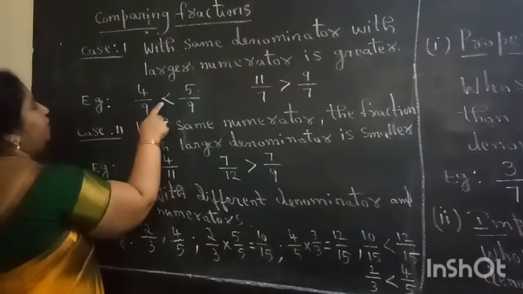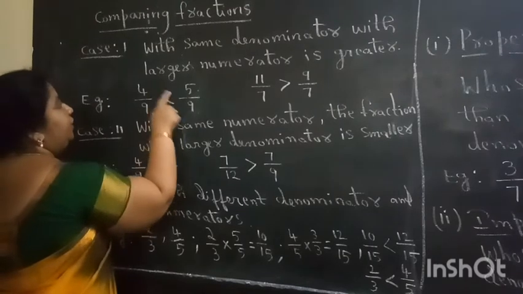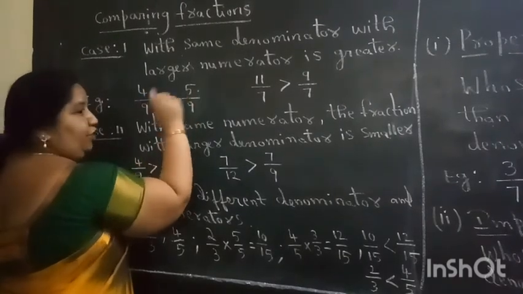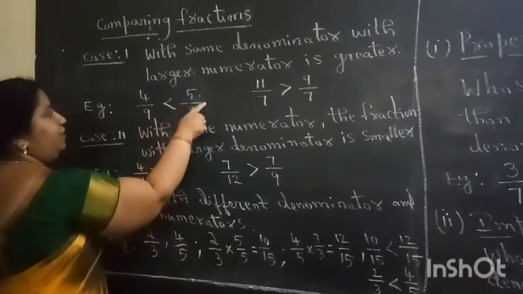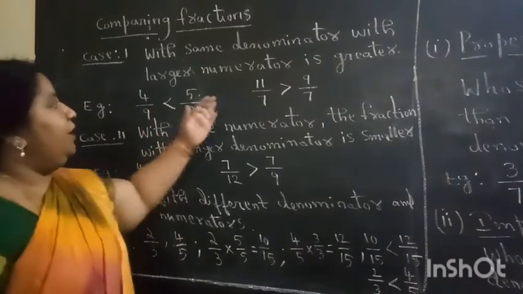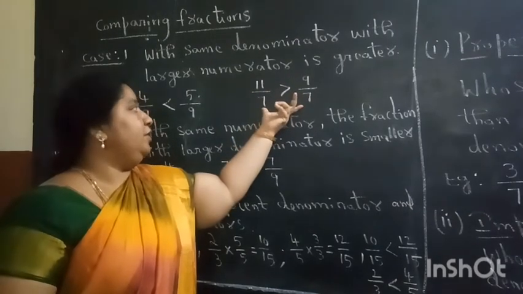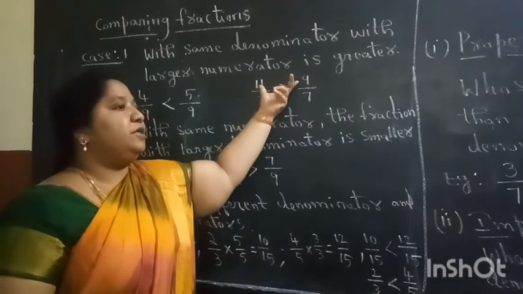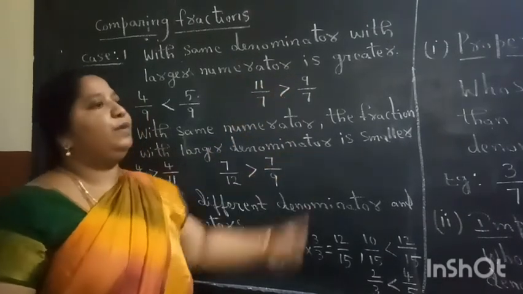Here 4 by 9 and 5 by 9 have the same denominators but different numerators. 5 is greater, so 4 by 9 is less than 5 by 9. 11 by 7, 9 by 7: both have the same denominators but different numerators. 11 is the biggest, so 11 by 7 is greater than 9 by 7.